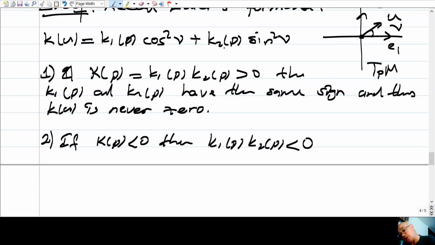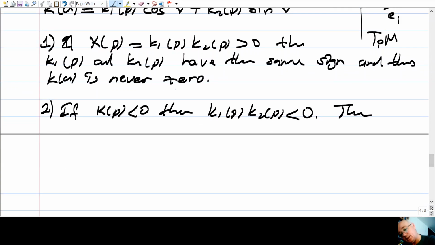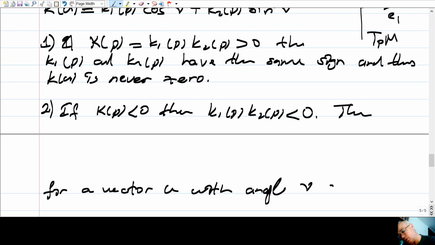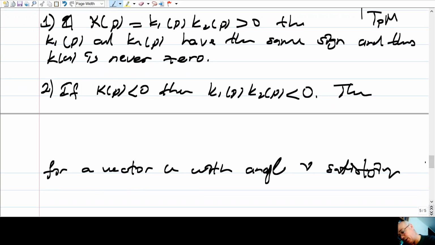But then, setting this to zero, we see that for a vector u with angle nu satisfying what?